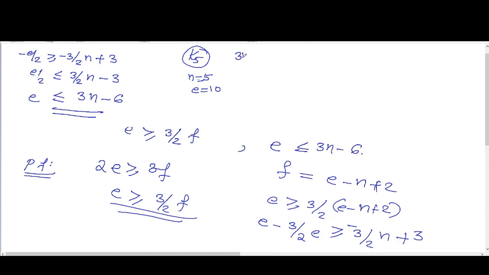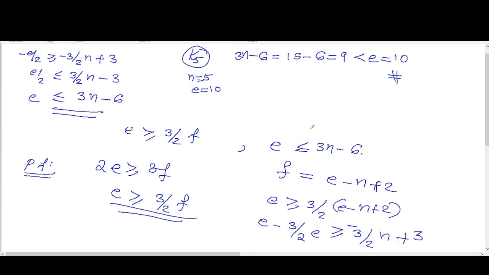Now we calculate 3n minus 6, which is 15 minus 6, that is 9. Comparing this with e, 3n minus 6 is less than 10, less than e. So that is a contradiction to our result e less than or equal to 3n minus 6. Therefore K5 is non-planar.